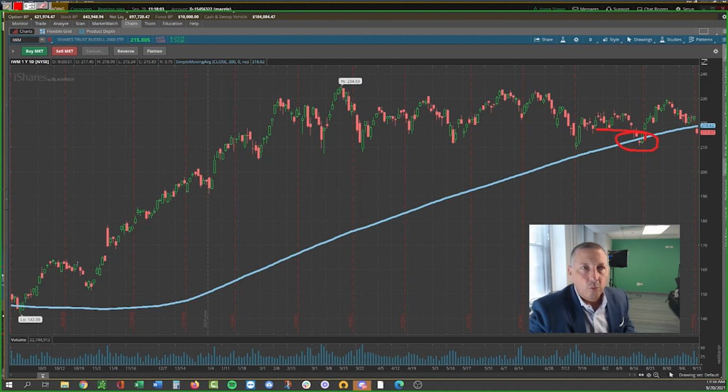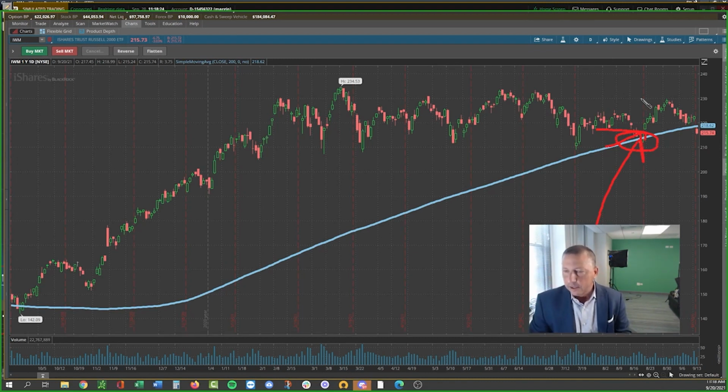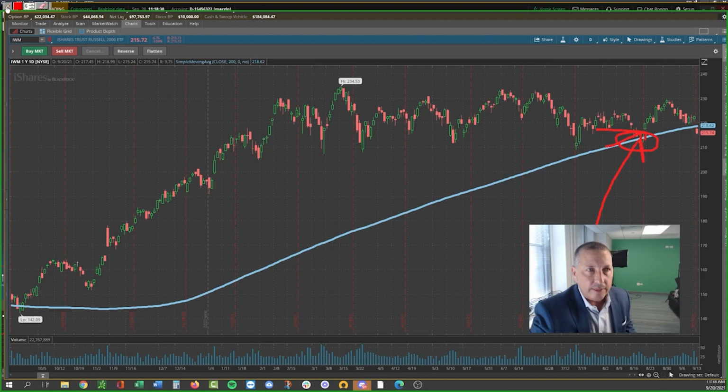So when we saw IWM come down to this area, that was a very bullish indicator for us. In fact, looking right here to get the exact signal that we sent out, on the 19th, actually on that day, we sent out a signal to buy an upside bullish call butterfly. And we got that move.